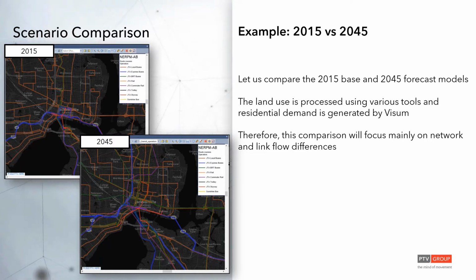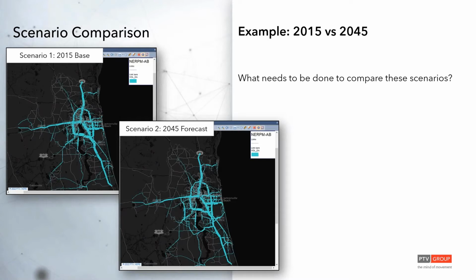But this is just to let you know that this is something that you can do. So let's say if you have created two scenarios and you want to compare to see what was changed between these two, or if you want to simply compare outputs between the two, there is a way to compare these two networks.